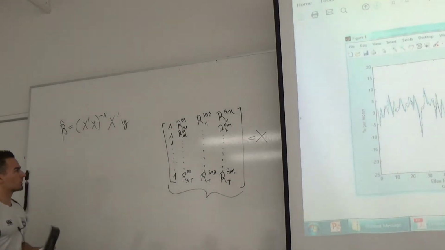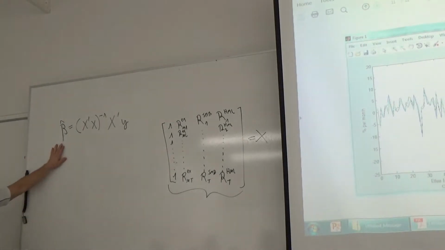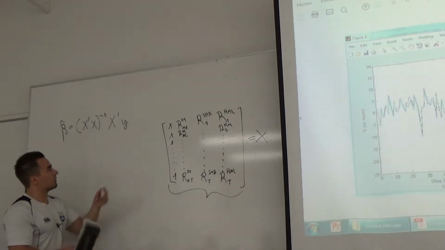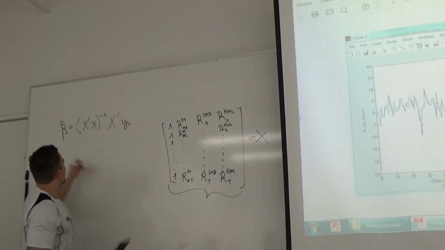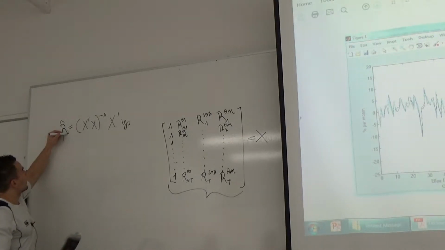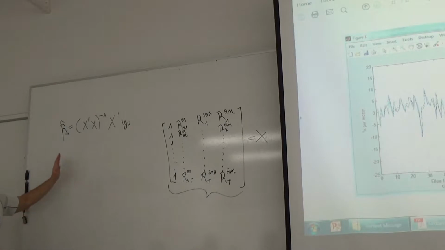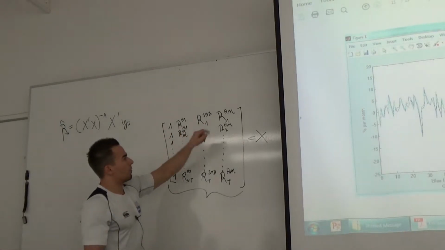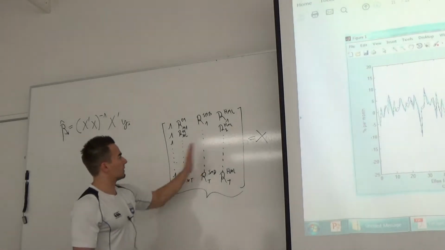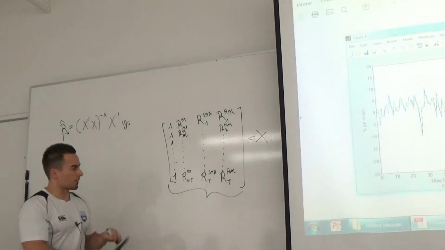So what we would get then, our point estimator, if we have here one stock return series like y_i, and here's our beta, is a vector that is 4 by 1, because we have 4 regressors in our matrix.